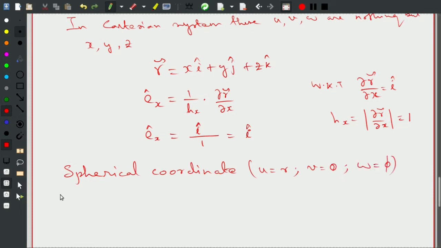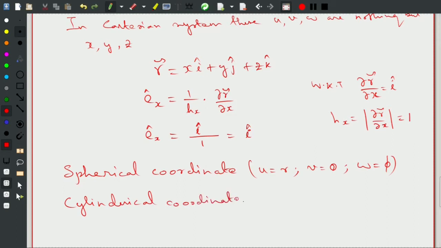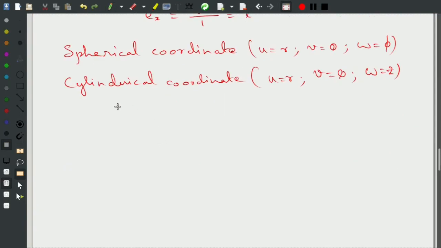For cylindrical coordinates, u equals r, v equals theta, and w equals z. Before moving further, let's work out the unit vectors and the scaling factors for the spherical coordinates using curvilinear coordinates. In the spherical system we know that the axes are r, theta, and phi, right?